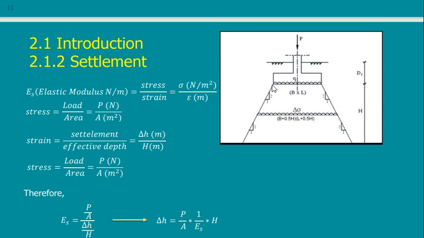Because in the area above, the area is smaller, so the stress is higher and the settlement will be higher. But in the area below, the area is bigger, so the stress will be smaller and the settlement will be smaller. So if I add the actual case of all these correct calculations, it will be similar to using this one and considering that it goes from top to bottom.